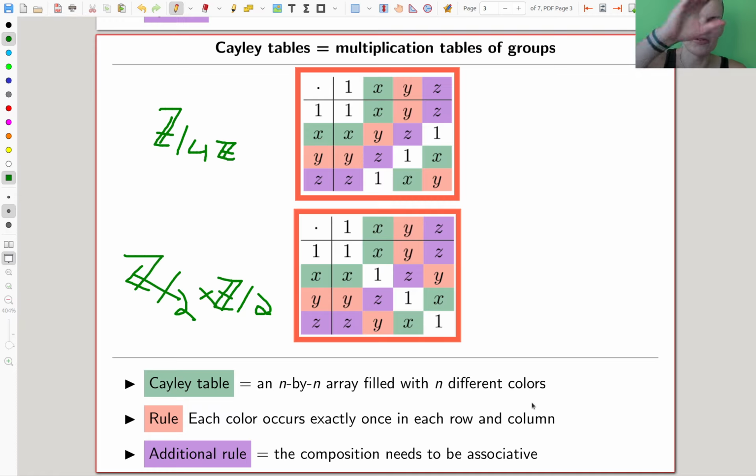Let's ignore the unit condition. The other hidden condition is that the multiplication table for a group needs to be associative. Otherwise it's the same. The divisibility gives you that every row and column has each symbol appearing once, and associativity is a bit more of a tricky thing. We'll see that in a second.